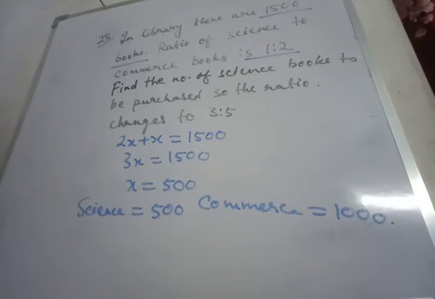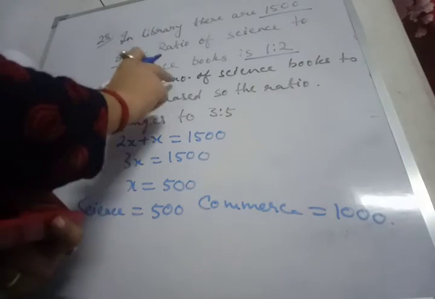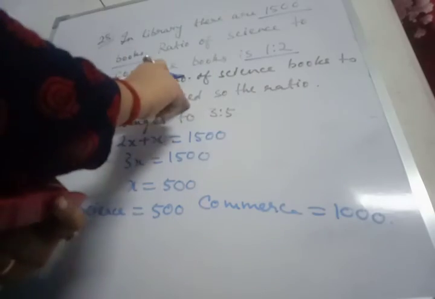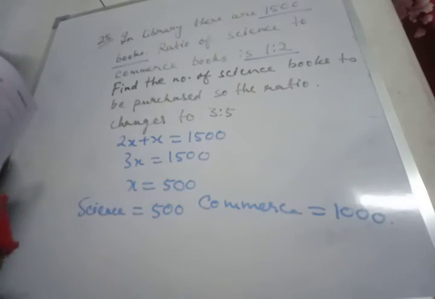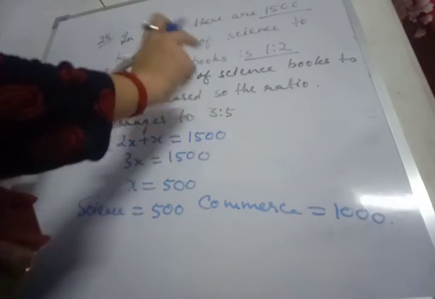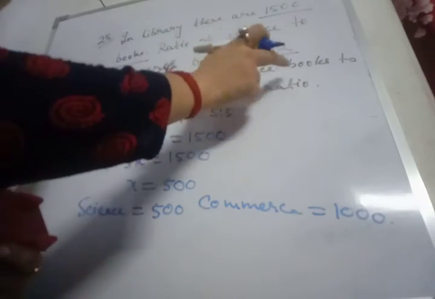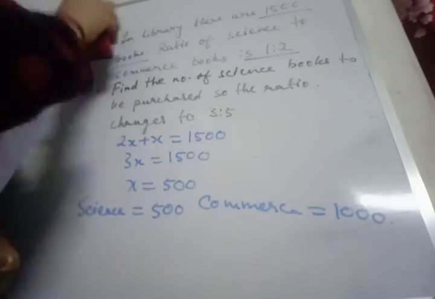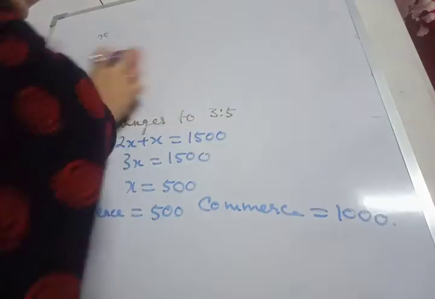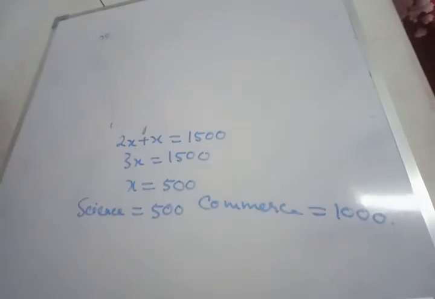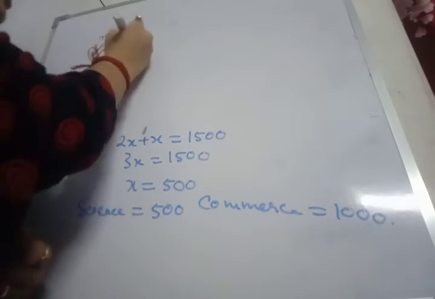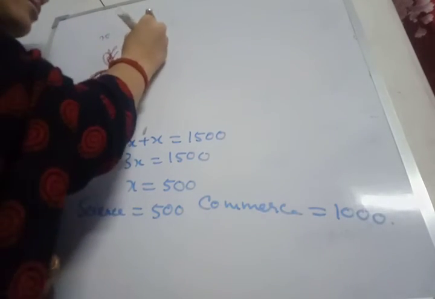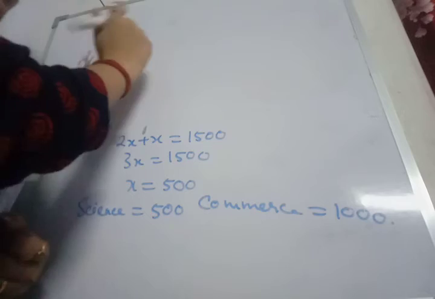Now what it is said in the question is that we have to find the number of science book to be purchased so that the ratio changes to 3 is to 5. The new ratio is given and it is said that the number of science book to be purchased. That means the commerce books remains same. To find out the science book that will be purchased, I can write 500, this was the initial number of the science book.